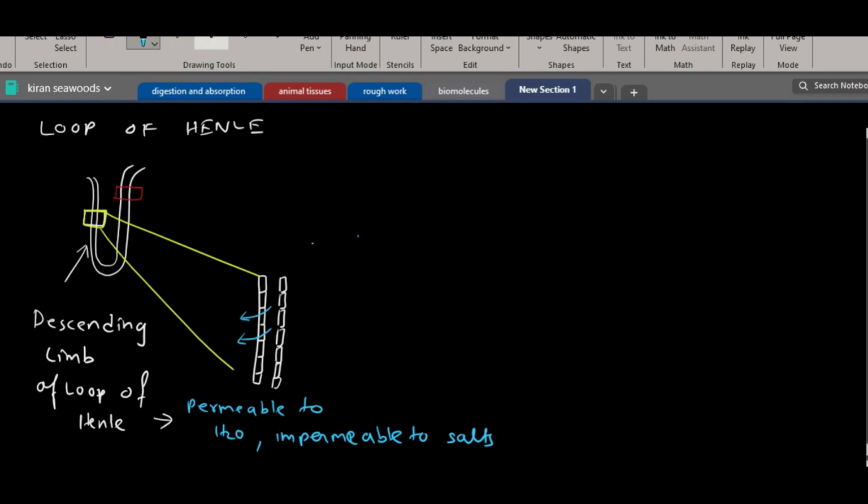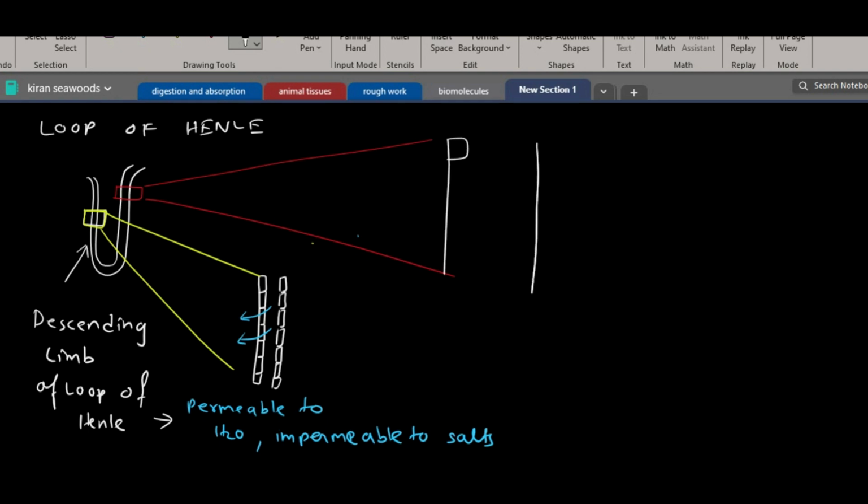Okay, now let us zoom this portion. So once again, when we closely observe over here, this is little wider and it has cuboidal, not squamous, epithelium.